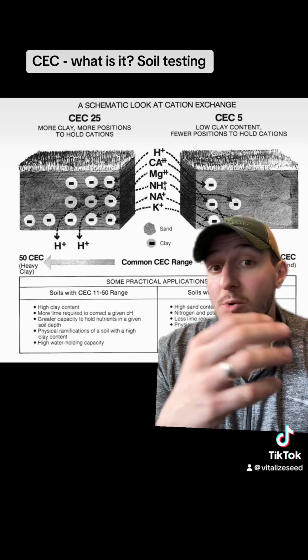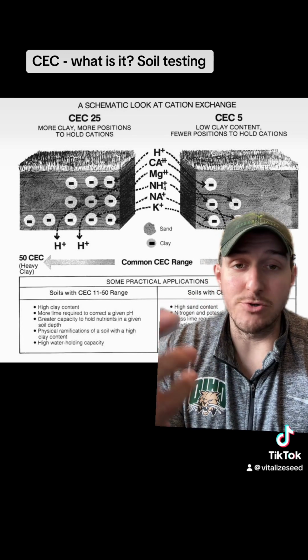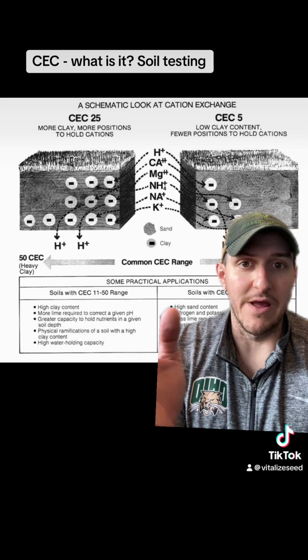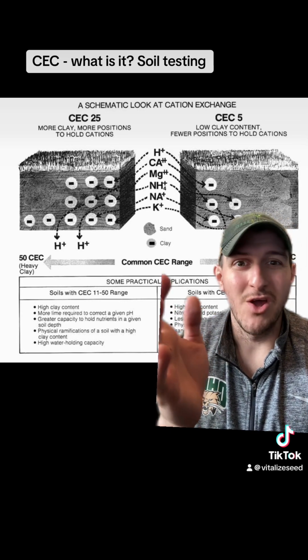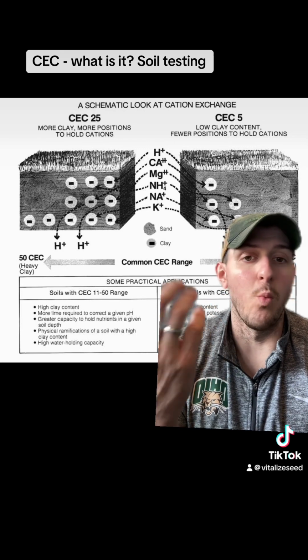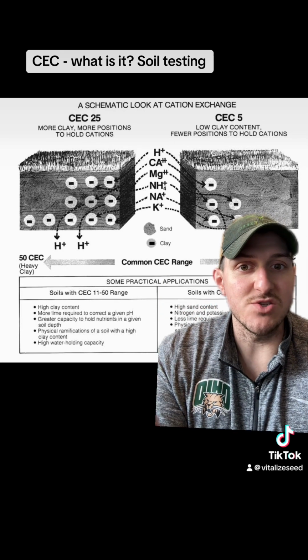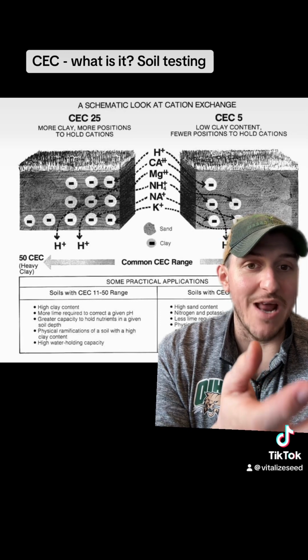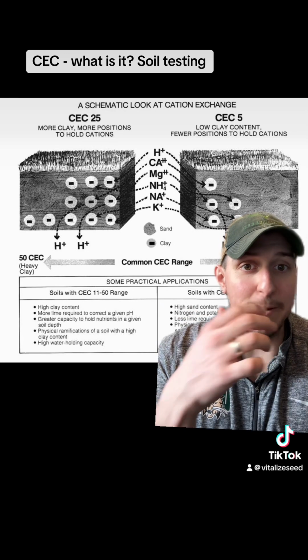So for example, if you're growing corn and you're trying to grow 180 or 150 or 160 bushel per acre corn in low CEC soil, you're probably not going to put all your nitrogen down at time of planting. Well, why? Because you have a low CEC soil, you're going to have a higher likelihood for that soil to leach that nitrogen out.